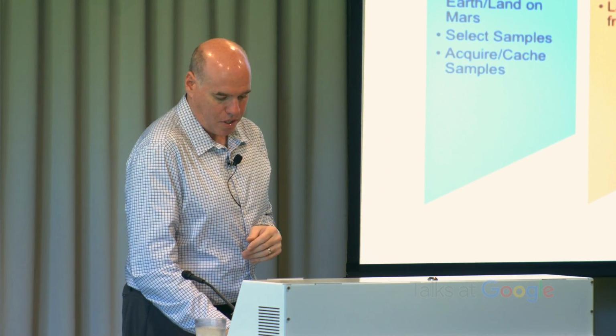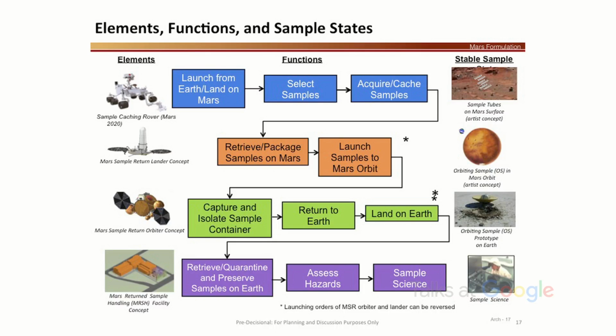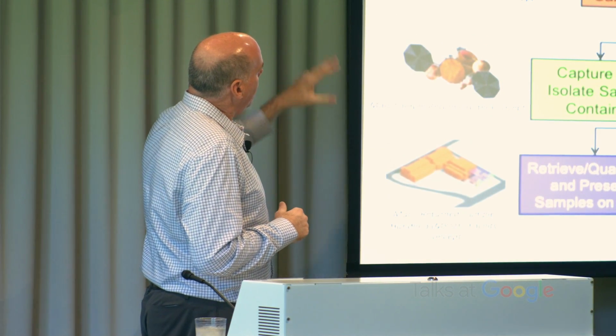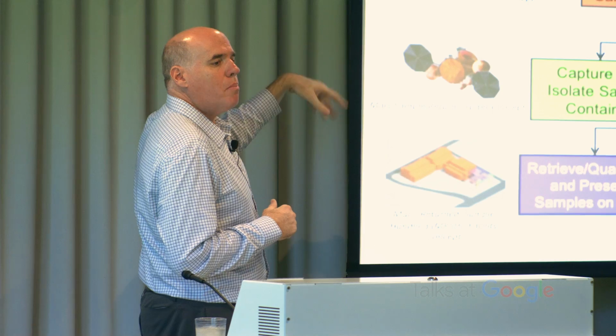So these 4 functions are totally independent of any particular architecture. And then, as we like to do at NASA, we like to split big problems into small problems. You start thinking about functions, and you start thinking about what elements might be able to execute. So in the color coding before, we had these 4 different things: blue, orange, green, and purple. And then you start to decompose these things into their various and sundry functions, and you start to think about specific systems that might be able to do that.